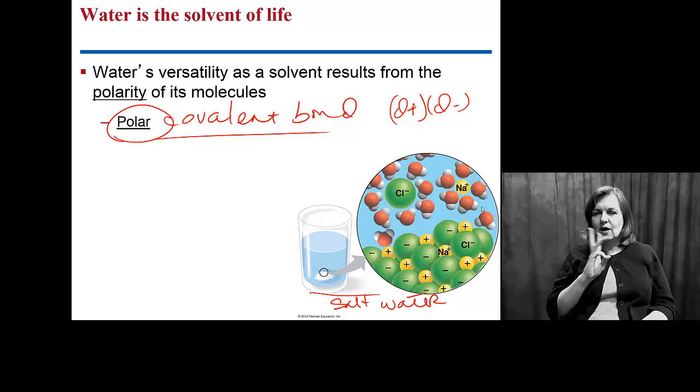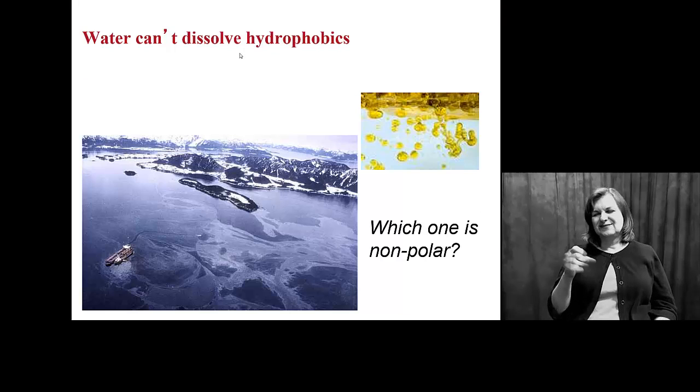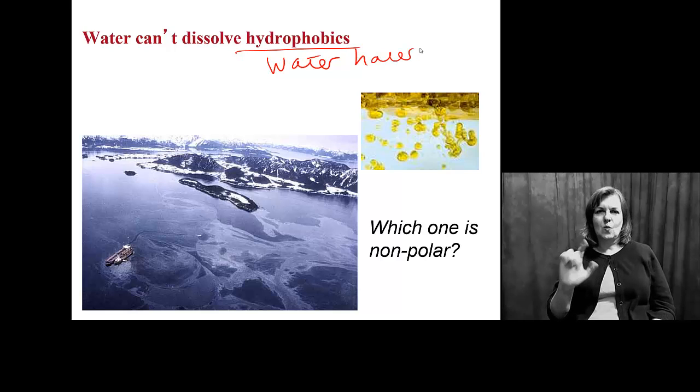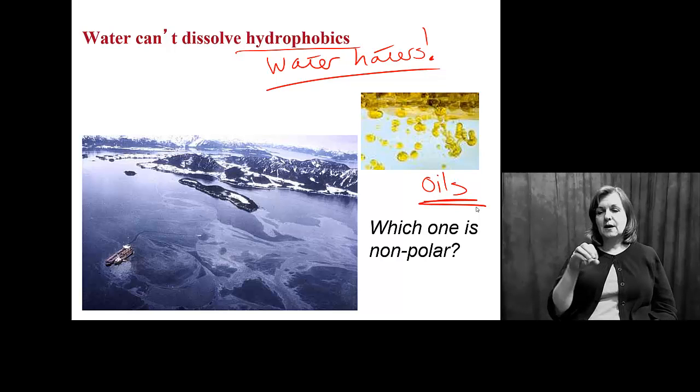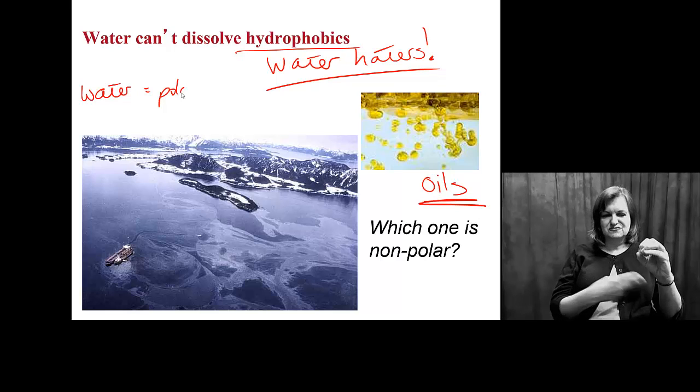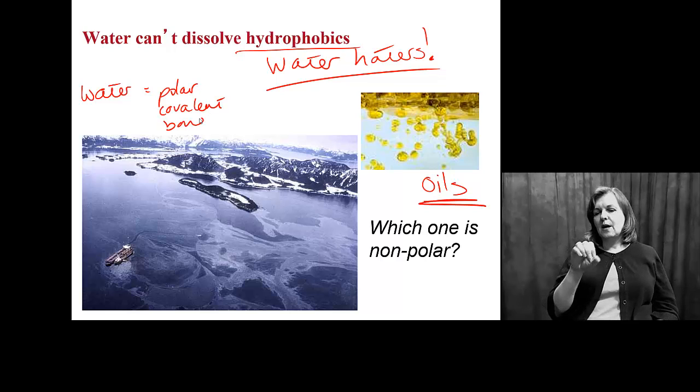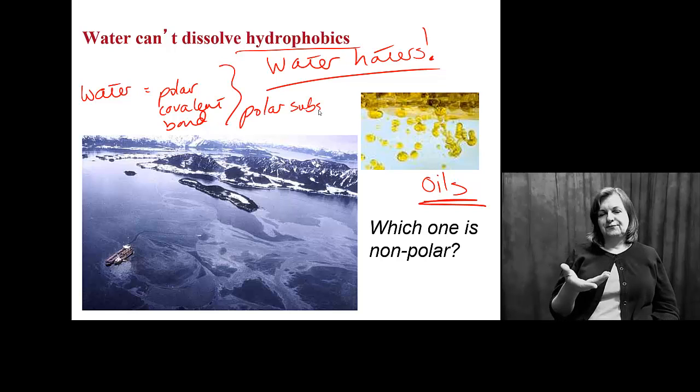Now, not everything will behave with water like this. We've talked about the idea that hydrophobics are water haters. So things like oils. Okay. Now, we said before that water is a polar covalent bond, right? This means that water is a polar substance.